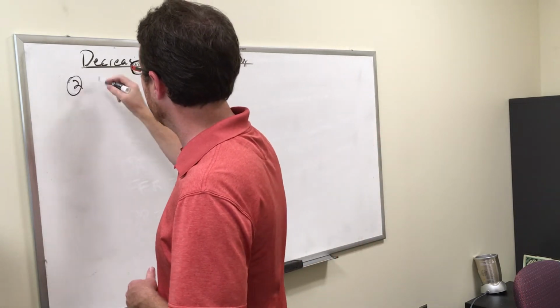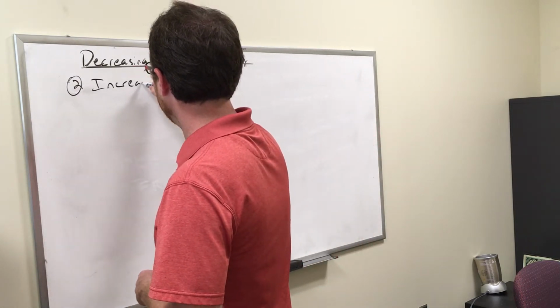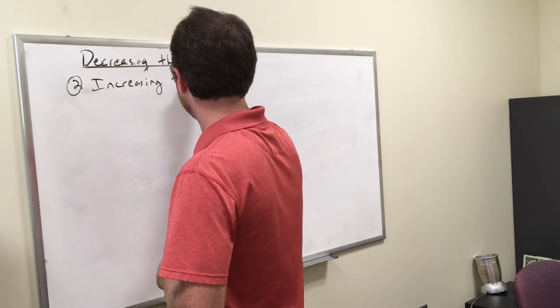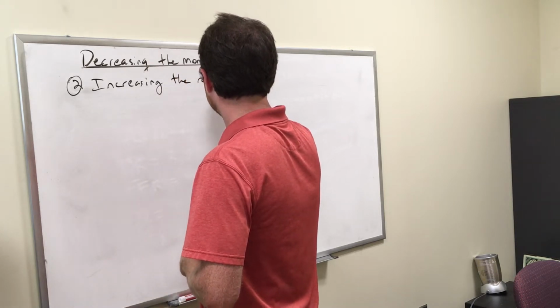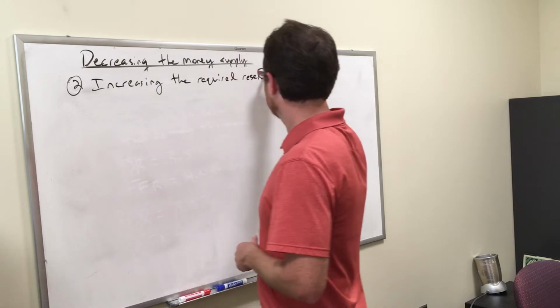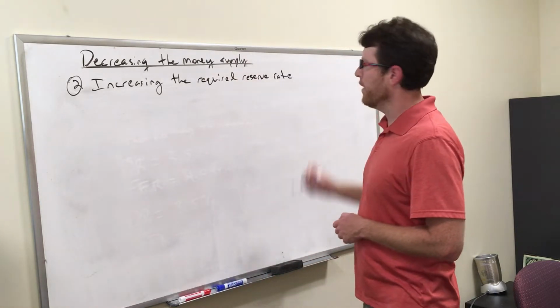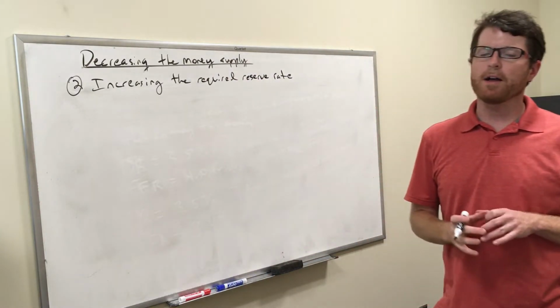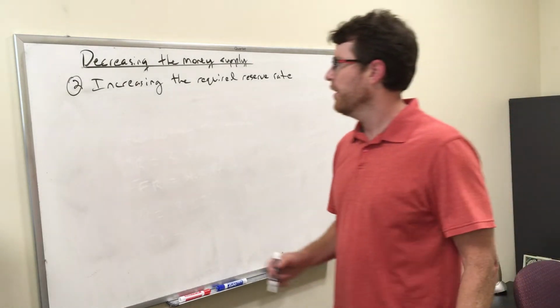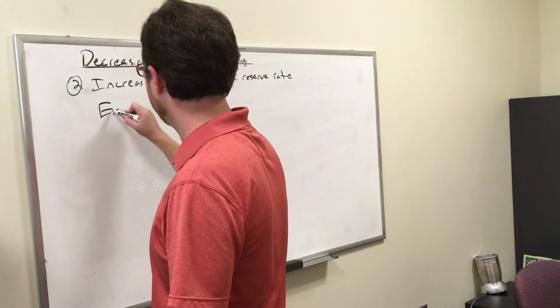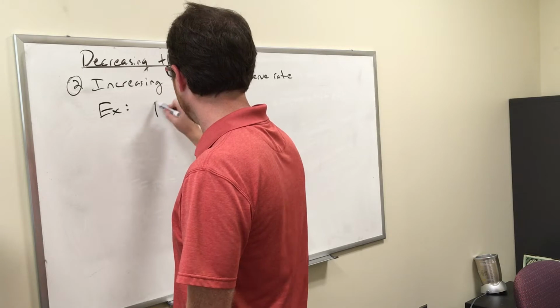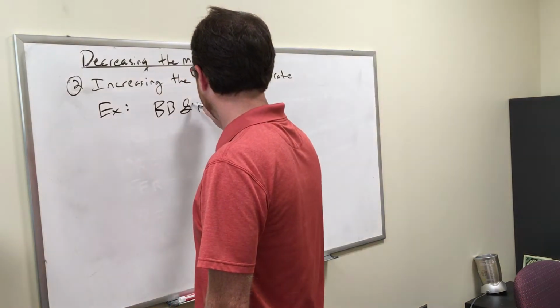Another method that could be used is increasing the required reserve rate. And remember, the required reserve rate is the minimum percent of deposits that a bank must hold. So for example, consider BB&T again.